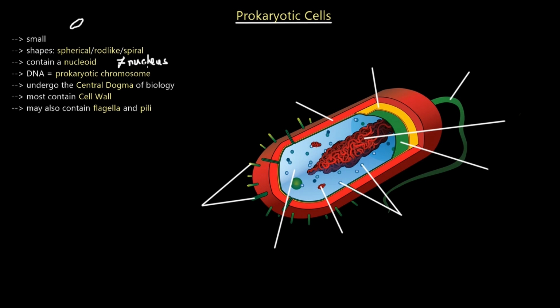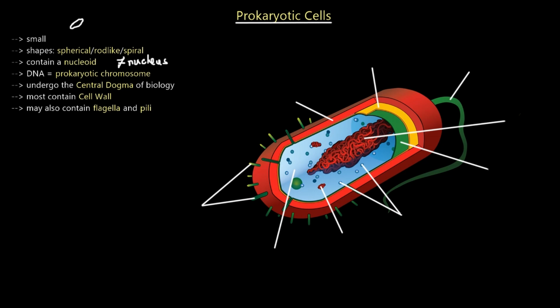So they do not have any sort of membrane surrounding their DNA and that prokaryotic chromosome. However, they have this structure called a nucleoid, and I'm going to explain what that is once we label these things. Their DNA is called a prokaryotic chromosome. They typically just have that one chromosome.